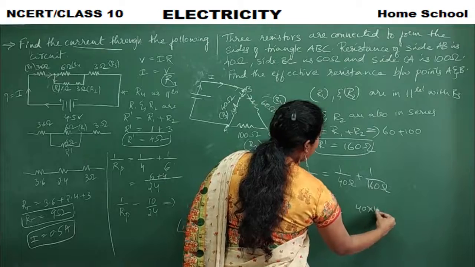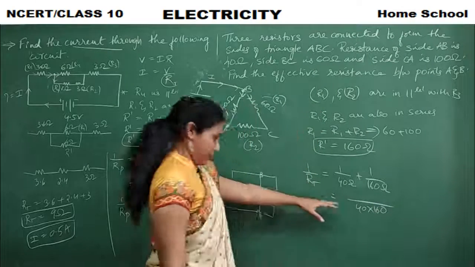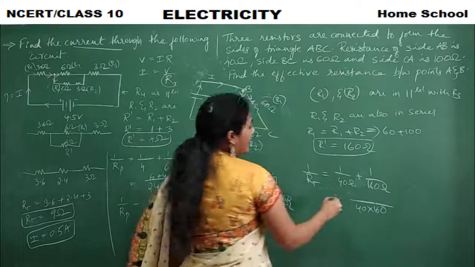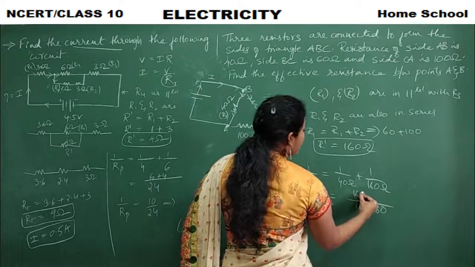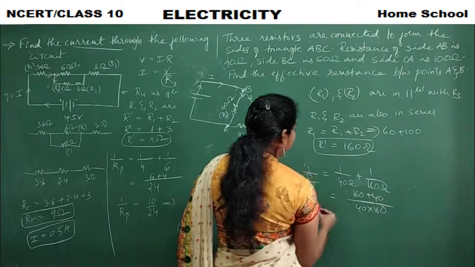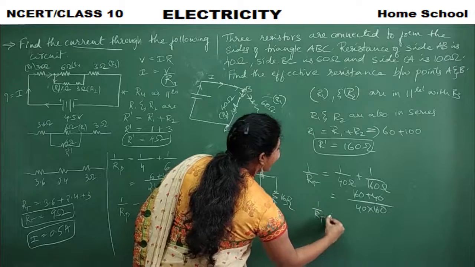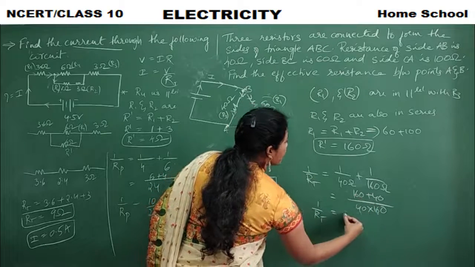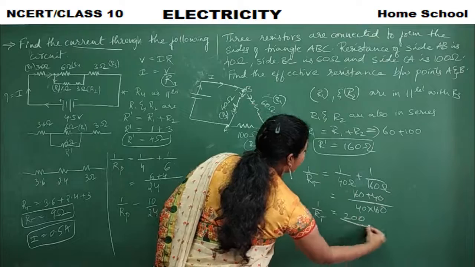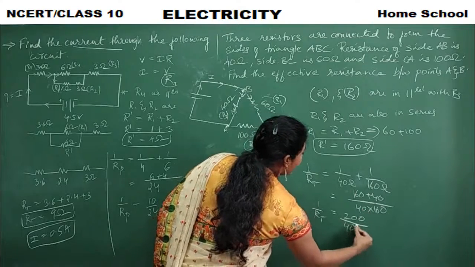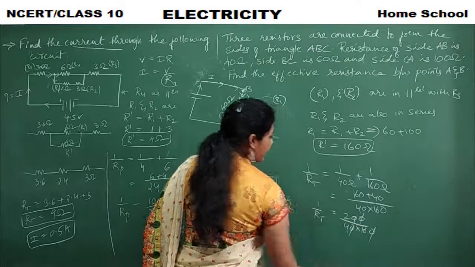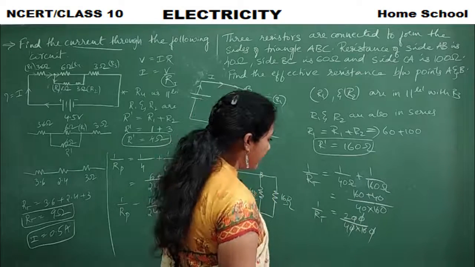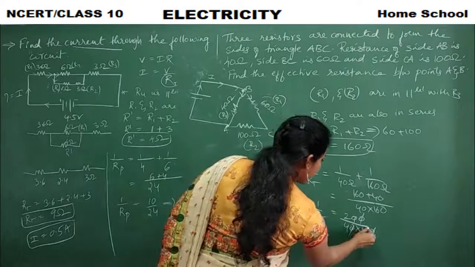40 into 160 in the denominator, and in the numerator you would get 160 plus 40, right? So 1 by RT is equal to 200 divided by 40 into 160. So what you would get? 160, right?